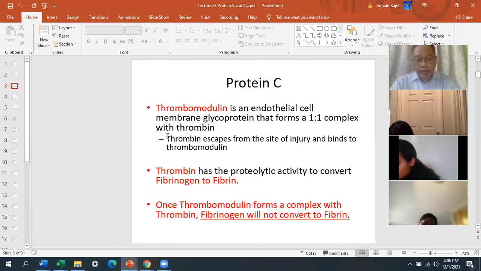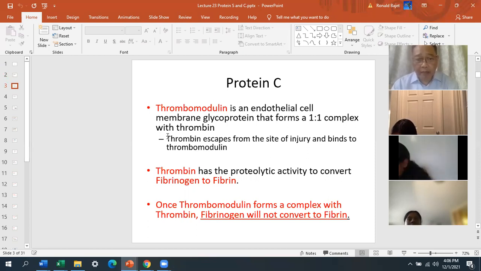It'll bind with thrombin. As you recall, you've got prothrombin, then thrombin, and thrombin branches out. On the right side, it's 13 going to 13A, and on the left side, it's fibrinogen going to fibrin. But thrombomodulin will bind to thrombin.